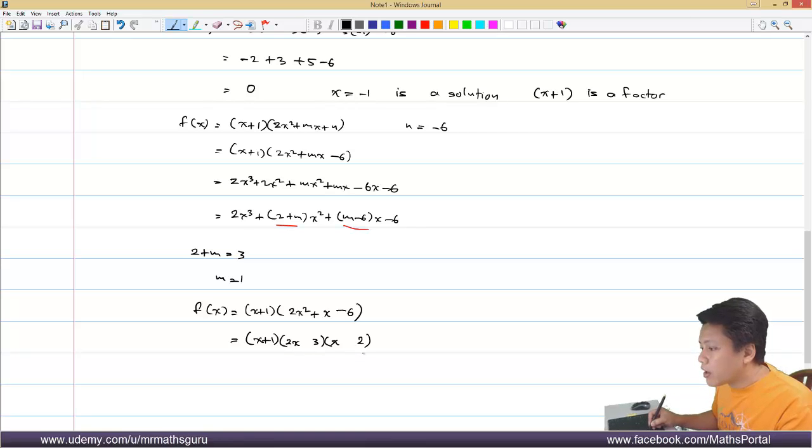So 2x and 2 become 4x, and then 3x. This is possible. One is minus, another one is positive. So this would be positive, and it would be not minus.